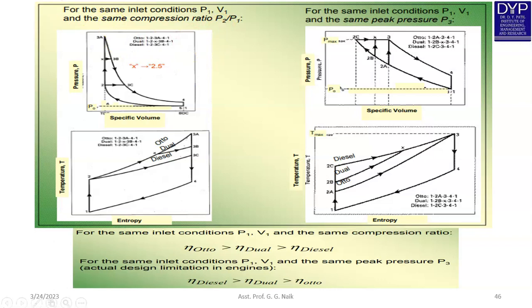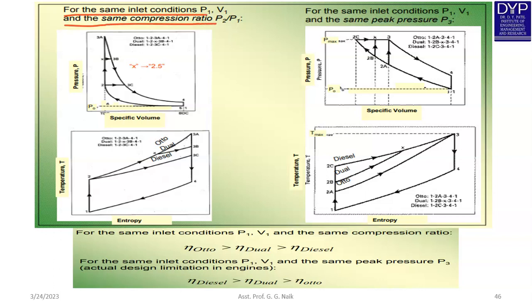This question may also be asked in the examination. Let us consider the same inlet conditions, that is P1 V1, and the same compression ratio, that is P2 upon P1.